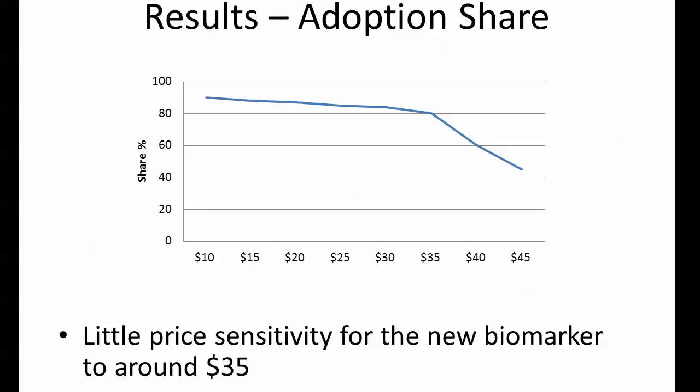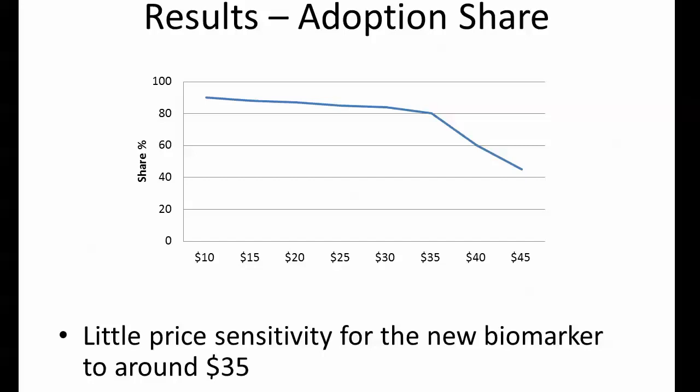And here's the result. And this was, I think, a really interesting study because we had an interestingly nonlinear price function. What we see is that from a low price of $10 up to about $35, there's a very little bit of price sensitivity.